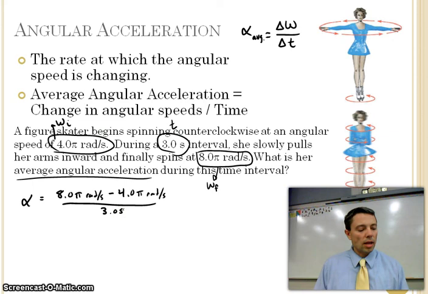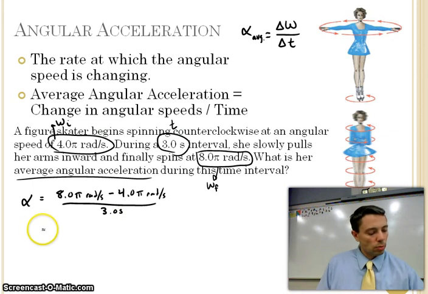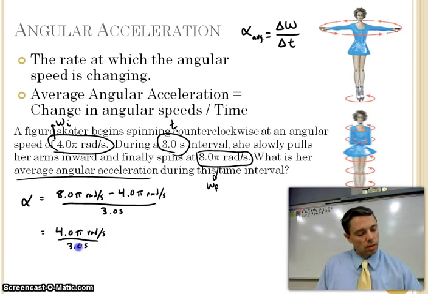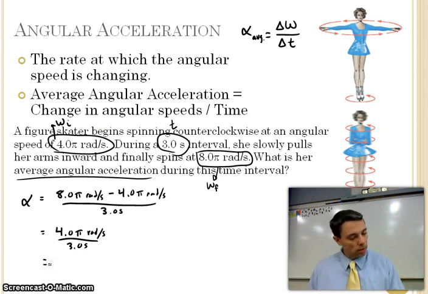Okay, so if I have 8 pi minus 4 pi, I end up with 4 pi radians per second divided by 3 seconds. So I'm going to take my 4 times pi divided by 3 seconds.